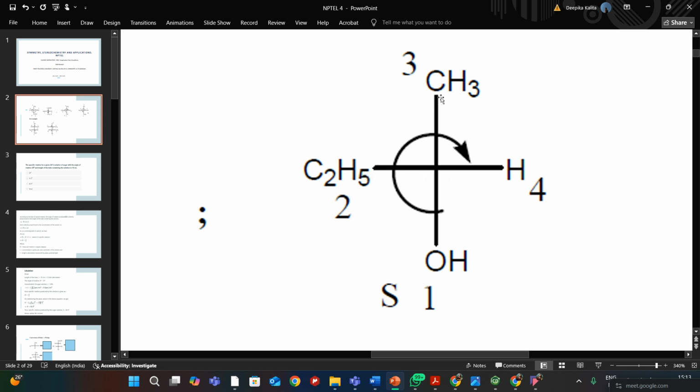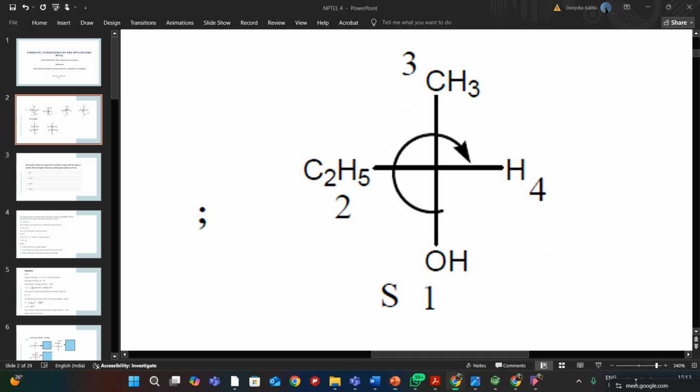Whereas the methyl will be given the third priority this time. Hence, again the fourth substituent is present in the horizontal line. So, although we are moving in clockwise direction, the configuration will be S configuration.